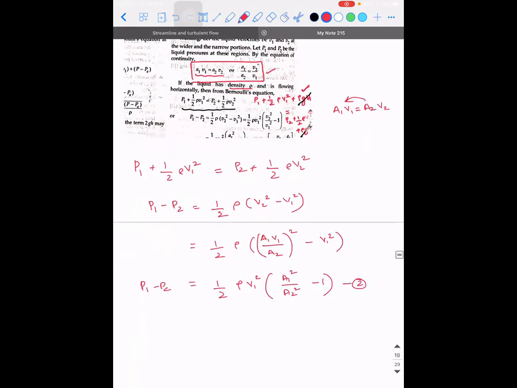Look at that expression and tell me if you're clear or not. Can you explain the substitution for V2? See what I did: from this expression, V2 is equal to A1 V1 by A2. Okay sir, understood. I substituted then, that's it.